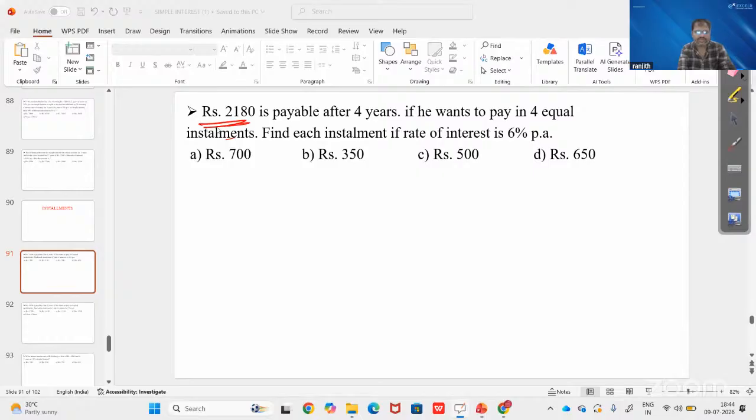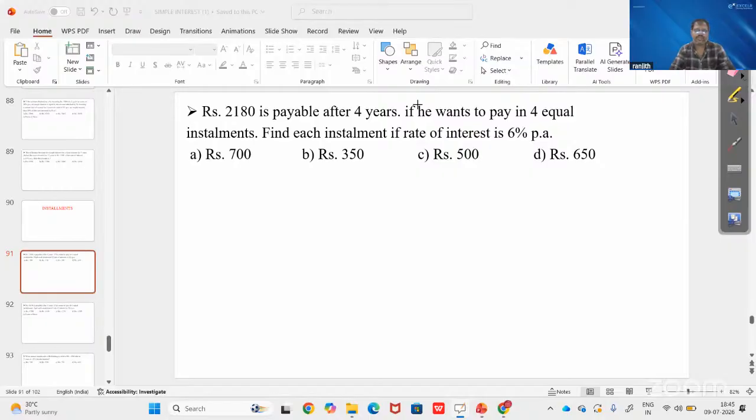Rupees 2180 is payable after 4 years. If you want to pay in four equal installments, find each installment if the rate of interest is 6% per annum. Generally, I equals PTR by 100, 6 into 4, that is 24, 24% of 2180, normal interest.